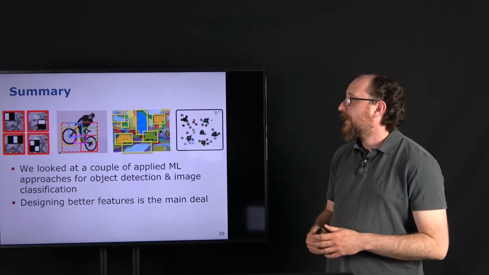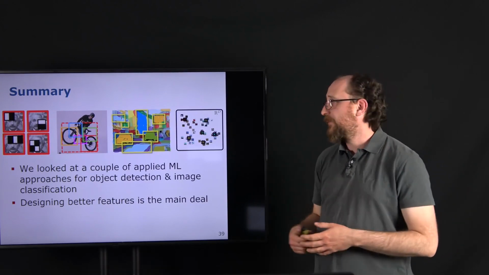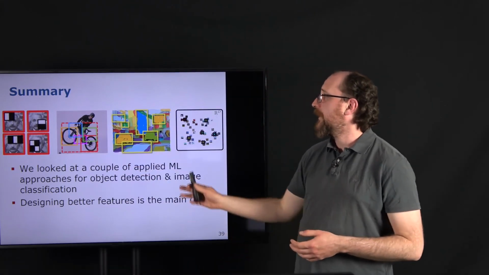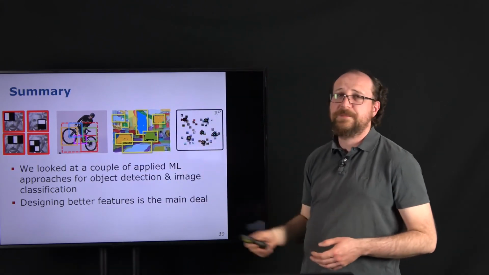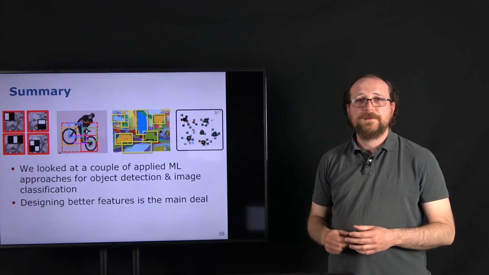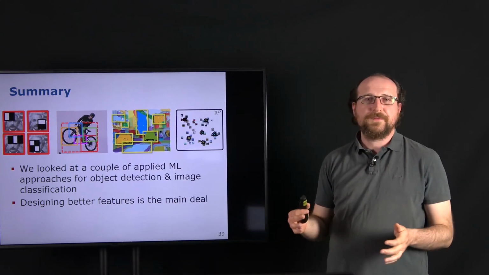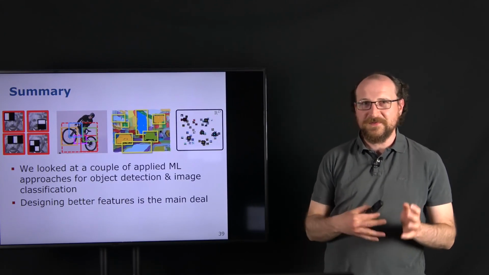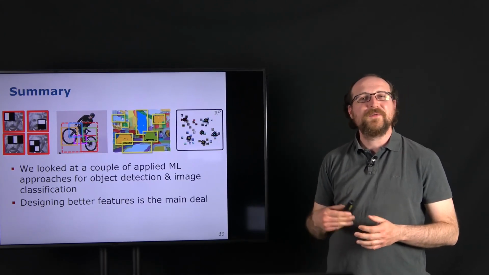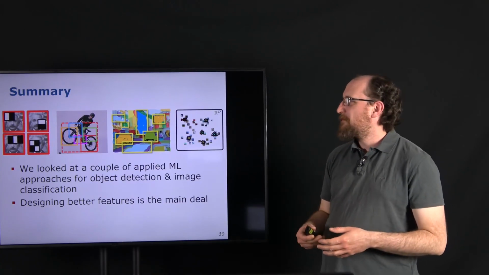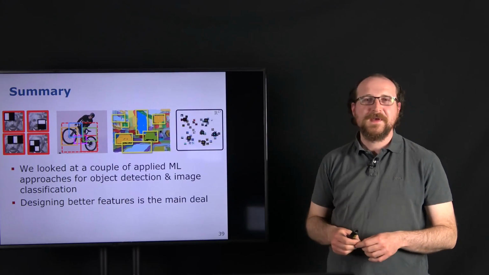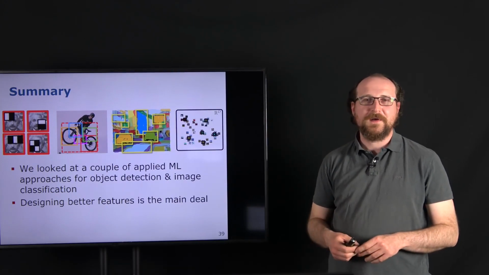To make it more complex, we had the deformable part models which used the HOG descriptors, selective search, but also the bag-of-words approach. And this was one main part of computer vision research at that time, to come up with more complex or more diverse features to solve the task.